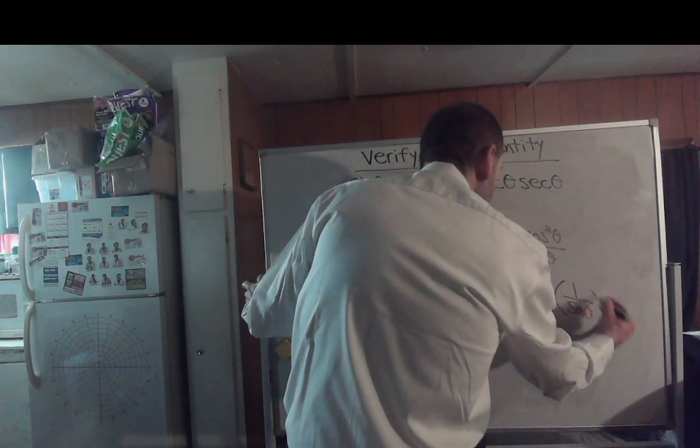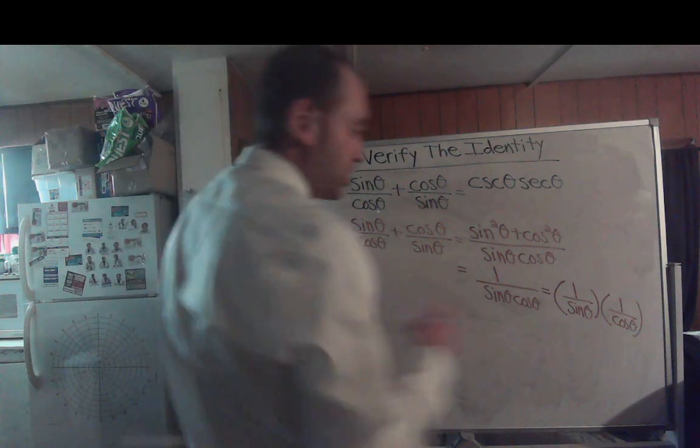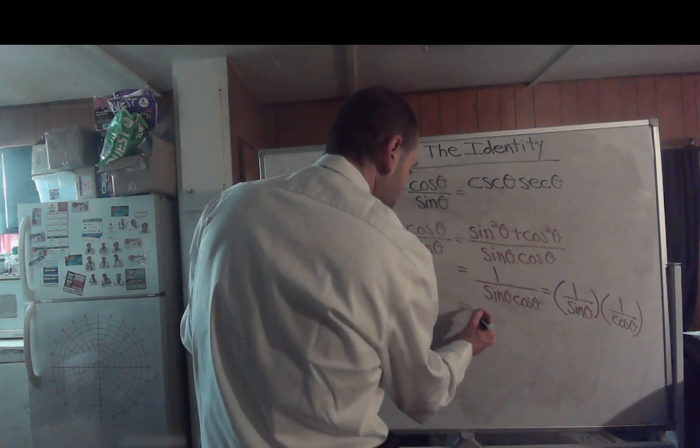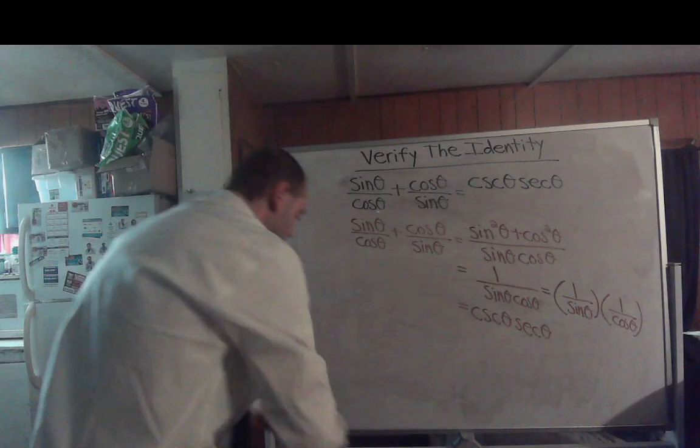which, if you really want to, you can write as the quantity of 1 over the sine of theta times the quantity of 1 over the cosine of theta. Now, what is 1 over sine? That's the cosecant of theta, and then 1 over cosine of theta, that's the secant of theta. So we've just proven that.